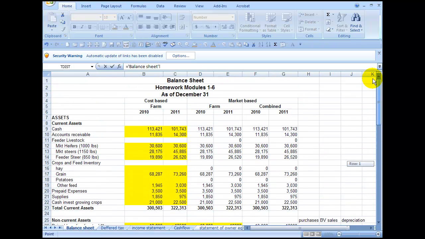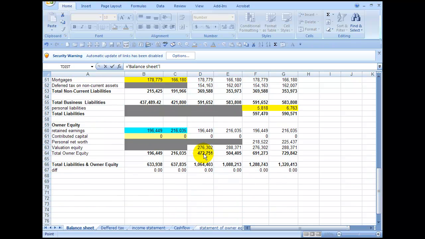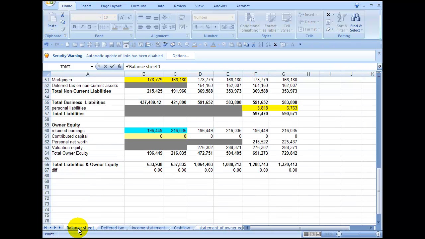I've got to get the beginning market, so I want the 2010 farm market, so that's here in column D. Enter, and for both. Plus or an equals does the same thing. This clicks me over so I can see those beginning balance sheets, and then my combined beginning.